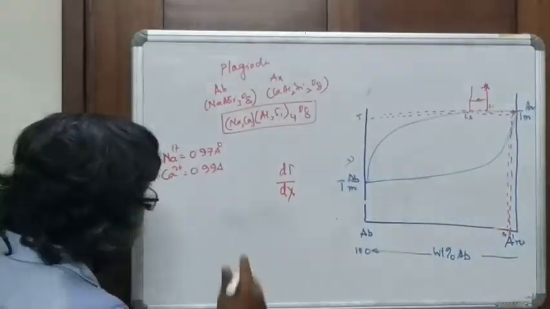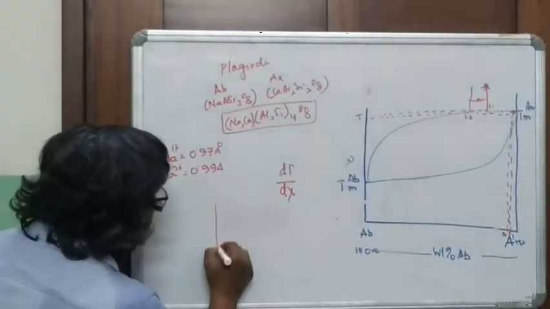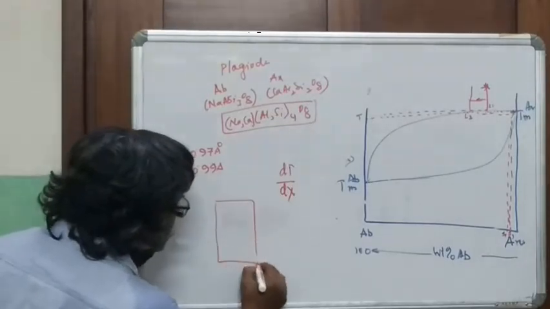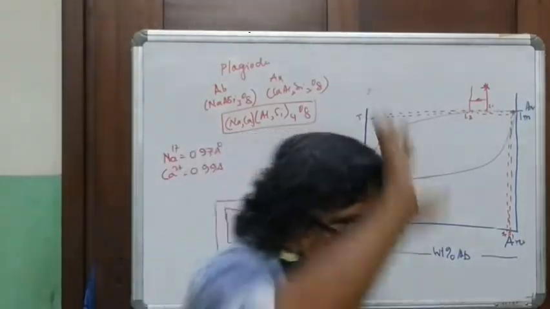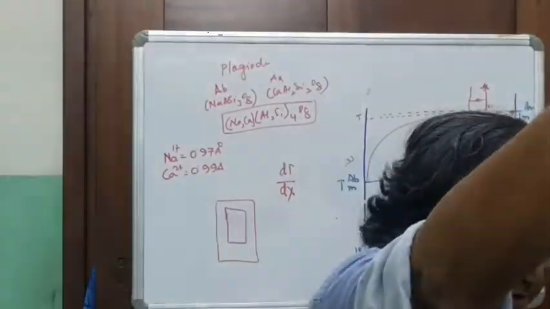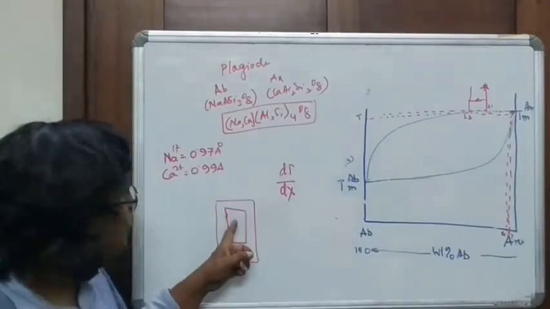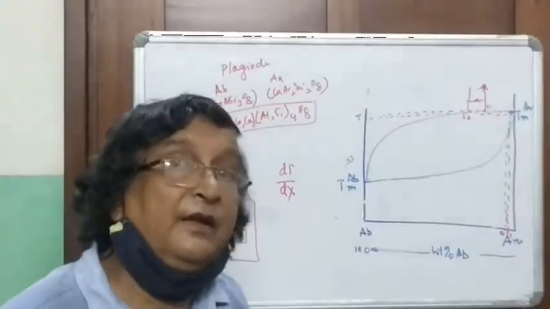So what happens in the zoned plagioclase crystals, the central parts which form at higher, hot temperature, they show almost no zoning.